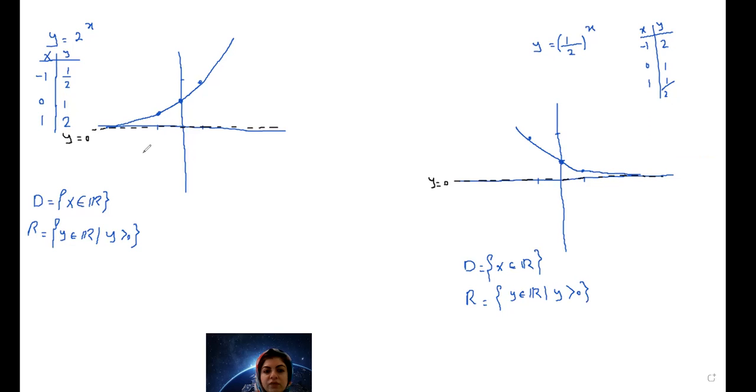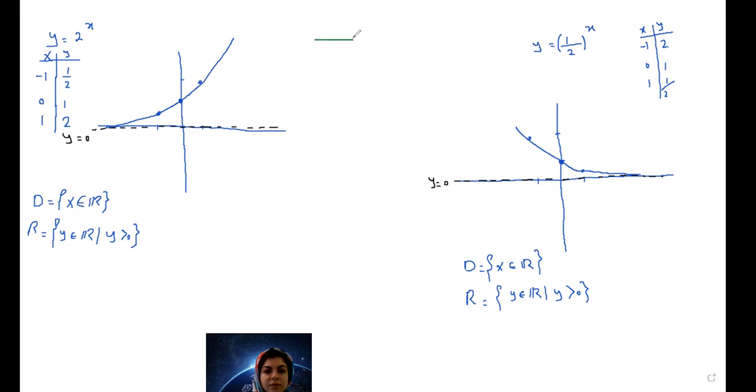Okay, to do the inverse, I can do it graphically: find the reflection of my graph with respect to y equal to x, or I can just switch x and y. Maybe I first switch x and y for you.